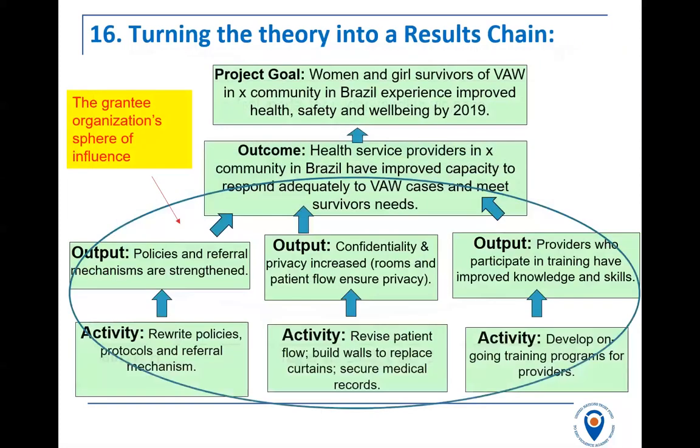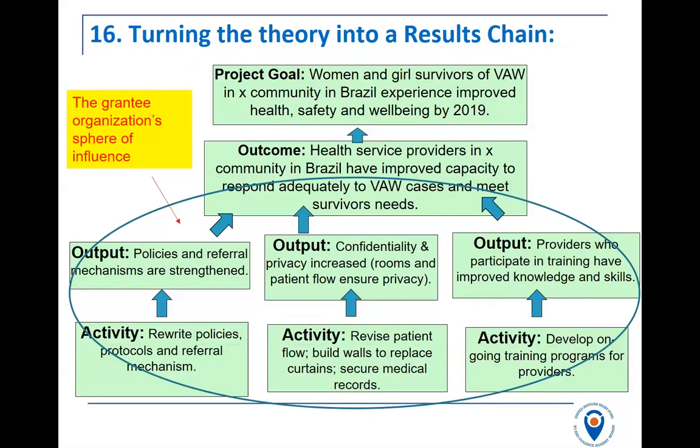An example then of putting in practice the theory of change and reflection of change at different levels is now on the screen. And here the project goal is that women and girl survivors of violence in Brazil experience improved health, safety, and well-being. I'm only showing one outcome here because of space, but typically a project would have 2 or 3 outcomes.